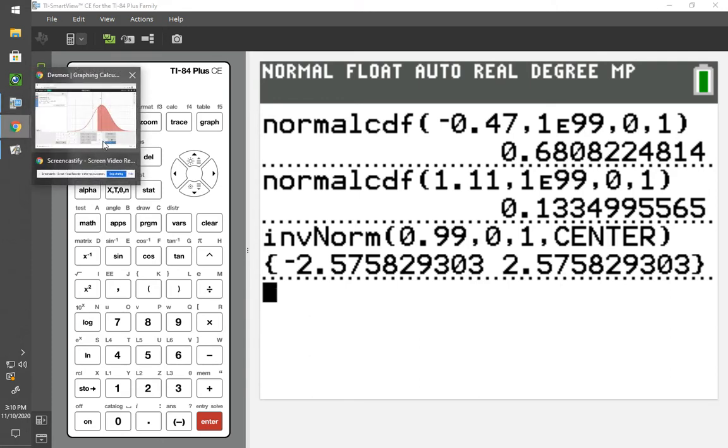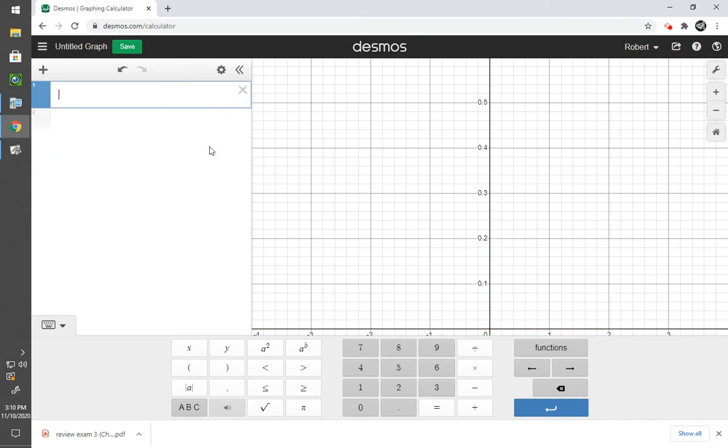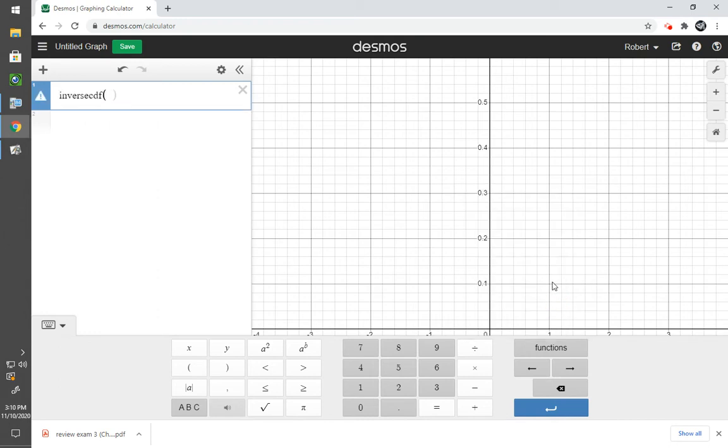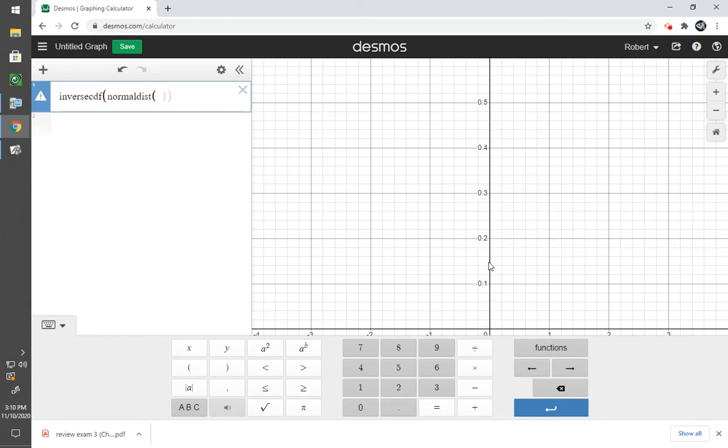If I'm doing that in Desmos, remember that what I want to do is I want to approximately have 99% under here. I'm looking for endpoints. Well, in Desmos, that's an inverse norm. So I go to functions, and I choose not the normal distribution, but I choose the inverse CDF. Inside the inverse CDF, I put the normal distribution, and the normal distribution, again, is 0, 1.